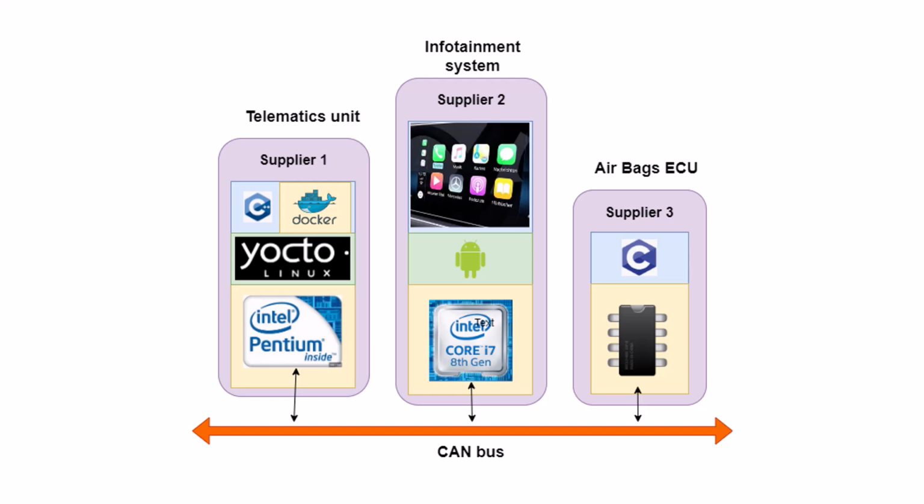On top of it, you might have C++ code running, and you might even have a Docker runtime running. I will explain what Docker runtime is as we go further. Now, if you see the airbags, there is no OS at all, and there is only one C code which will be running for handling all these operations.